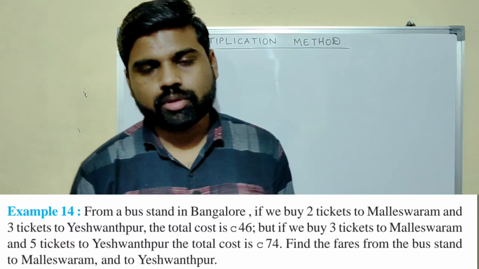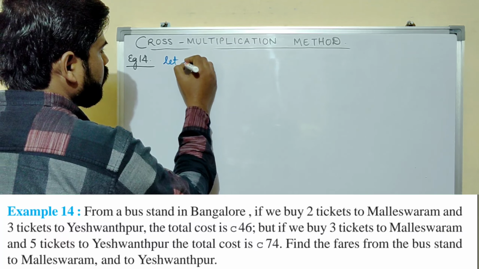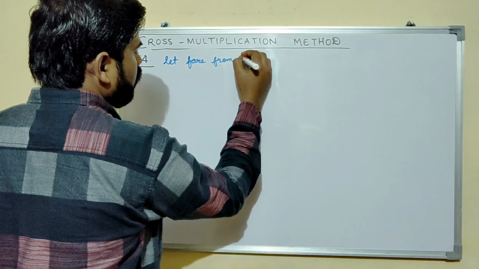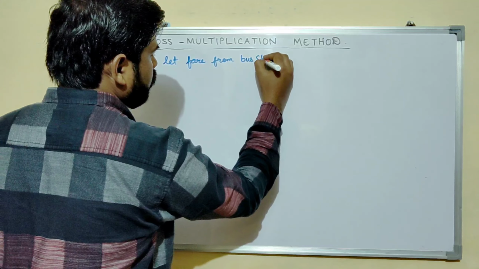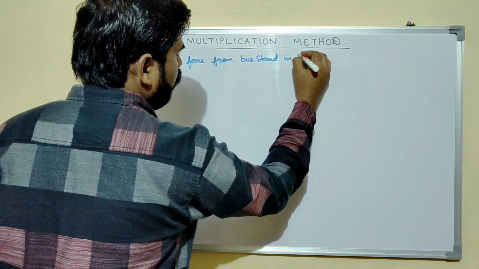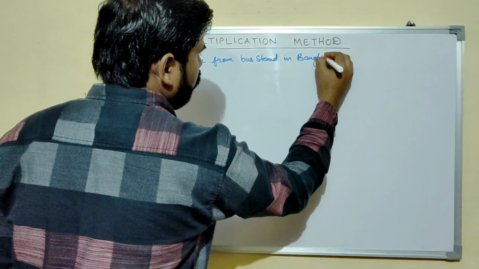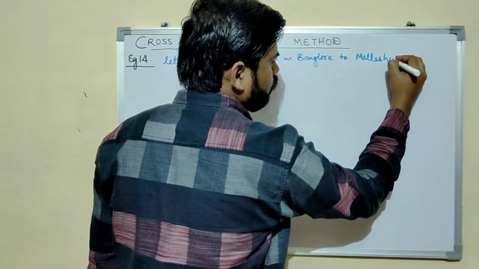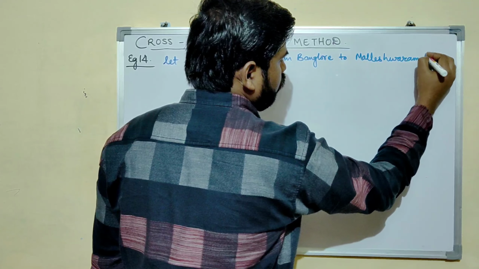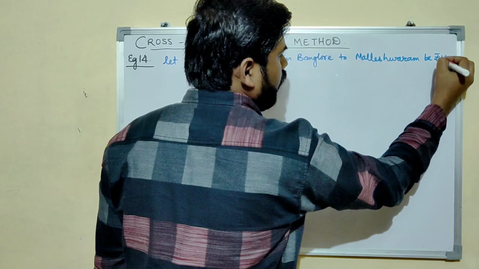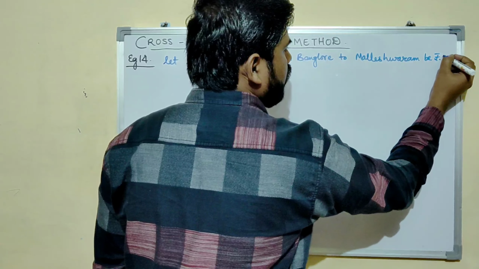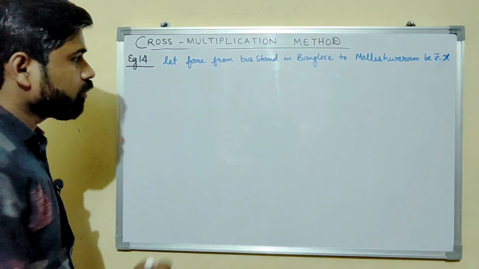So let us assume the fares to both the places. Let the fare from the bus stand in Bangalore to Malleshwaram be x rupees.